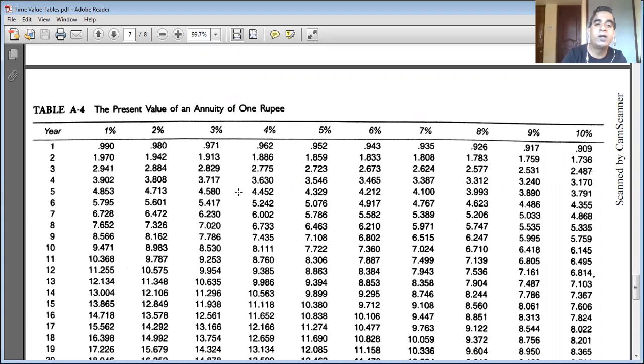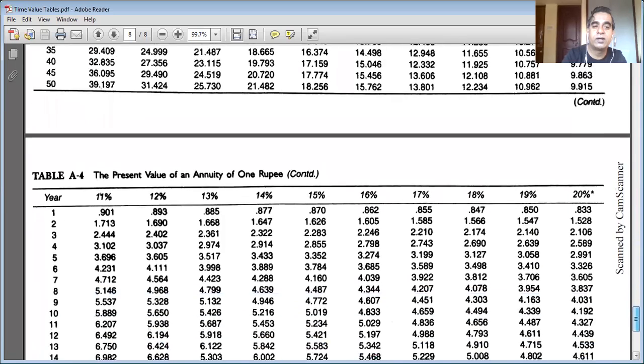So who can tell me, in this row, what are the two values that are closest to 3.214? We'll also consider the next row.